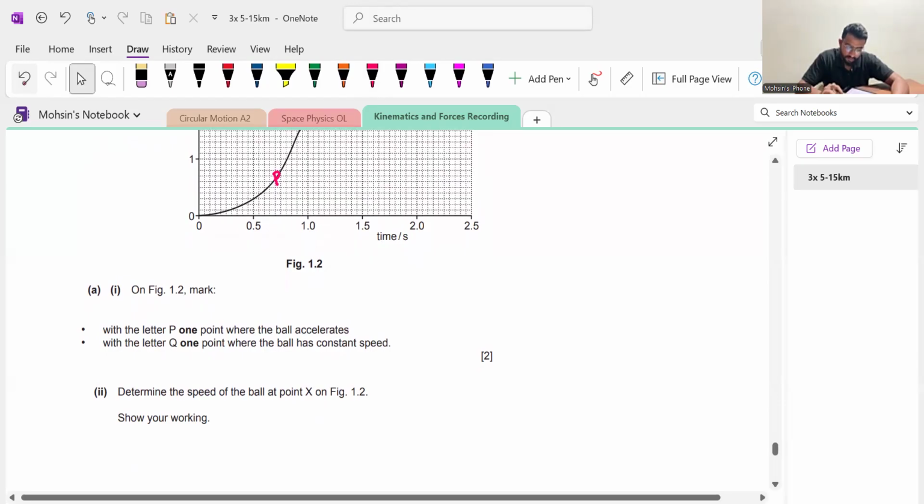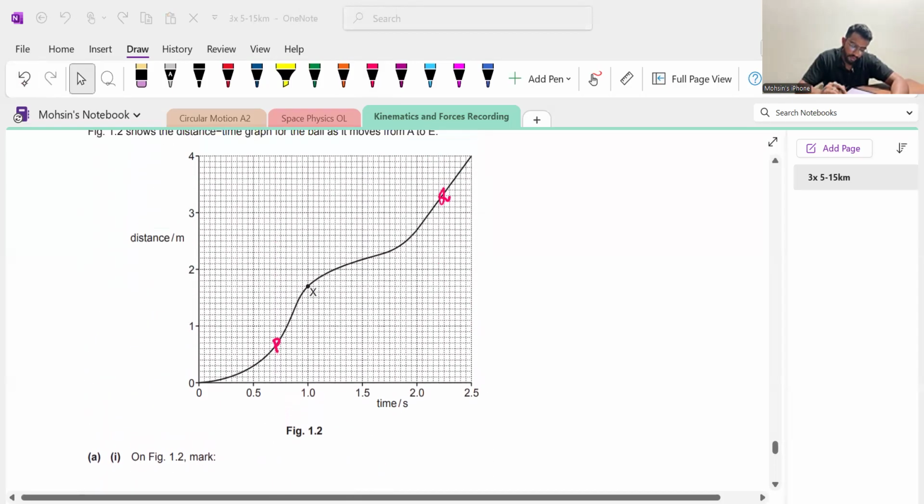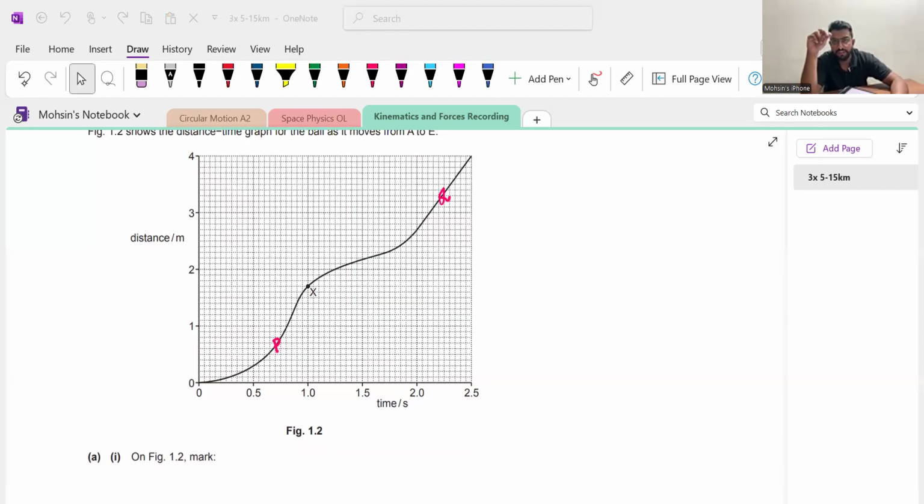Determine the speed of the ball at point X on figure 1.2. Where is the point X? What is the difference in normally asking speed while giving distance time graph and in this question? Normally, when they ask you to find the speed while they give you distance time graph, we know the gradient is the speed.